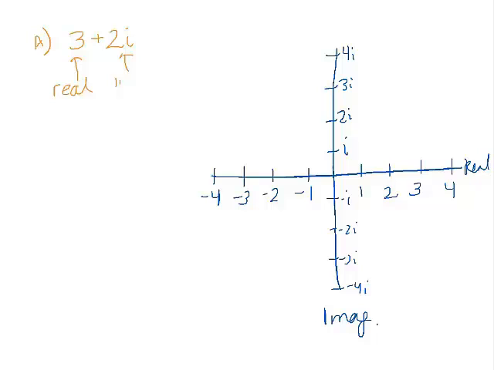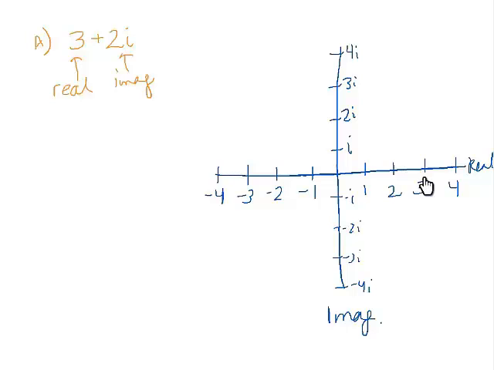The 2i is the imaginary part, so I would go from 3 and then up 2 spaces to right here, and that would represent the point 3 plus 2i.